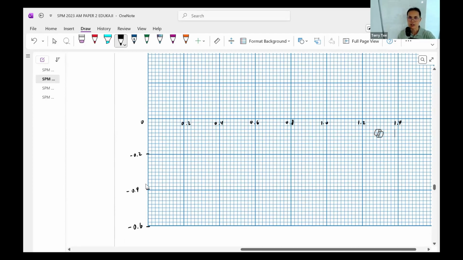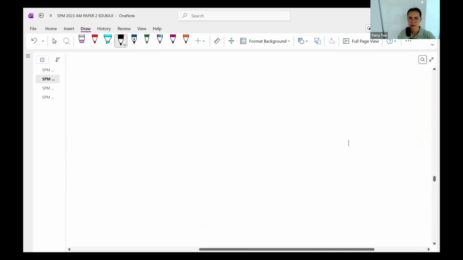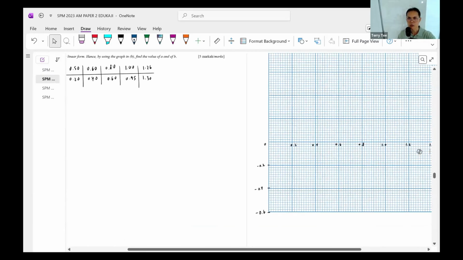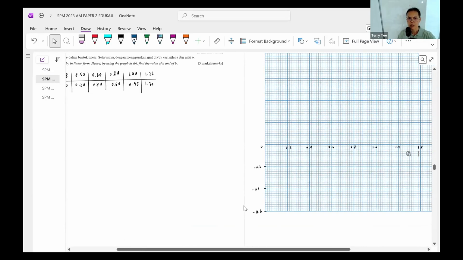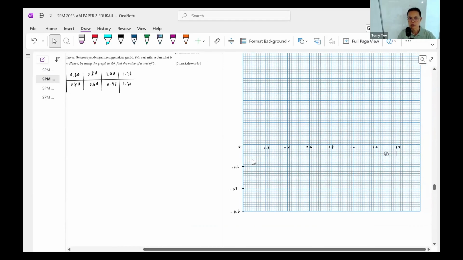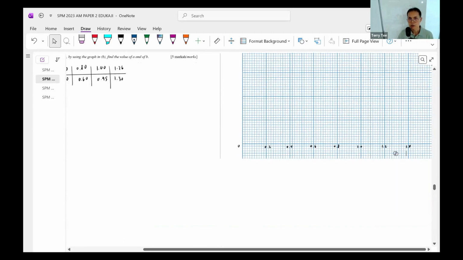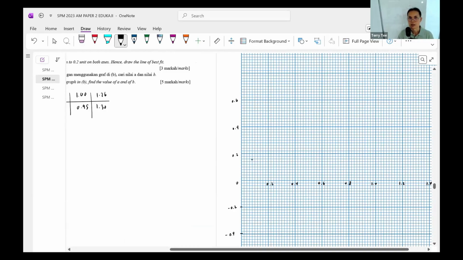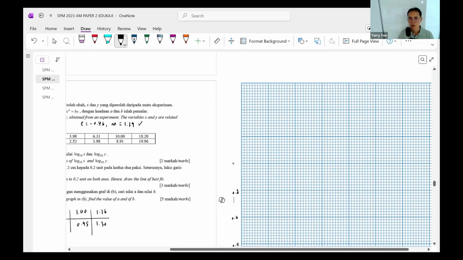Okay, what is my largest value of x? Largest value of x is 1.26. So I don't need to go more than that. Largest value of y is 1.3. So we can go 0.2, 0.4, 0.6, 0.8, 1.0, 1.2, 1.4. Okay, enough space.